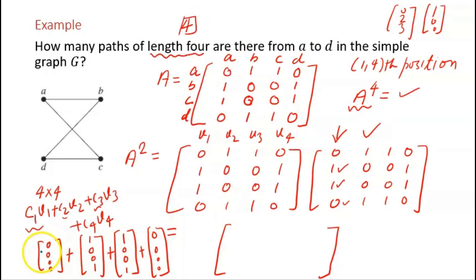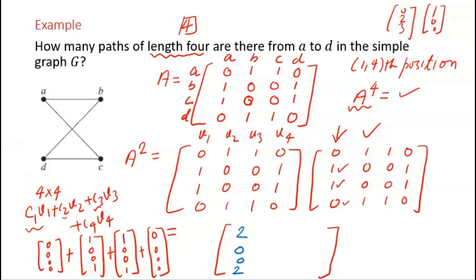If you take the sum 0 plus 1 plus 1 plus 0, you will get 2, then 0, then again 0, and in the end 2. Did you realize how I multiplied this matrix by this column vector? I am taking time because this is a new thing. Otherwise, if you are comfortable with the regular process, you can do it that way also, but I think this is an easier one.